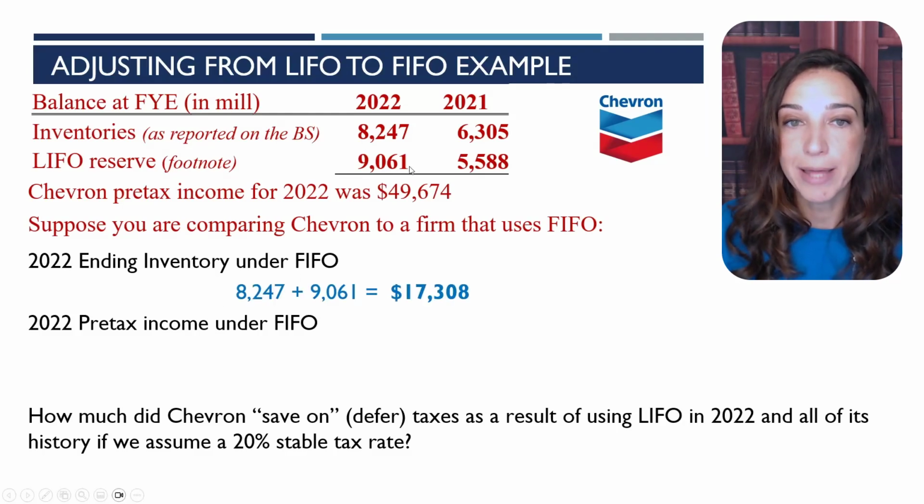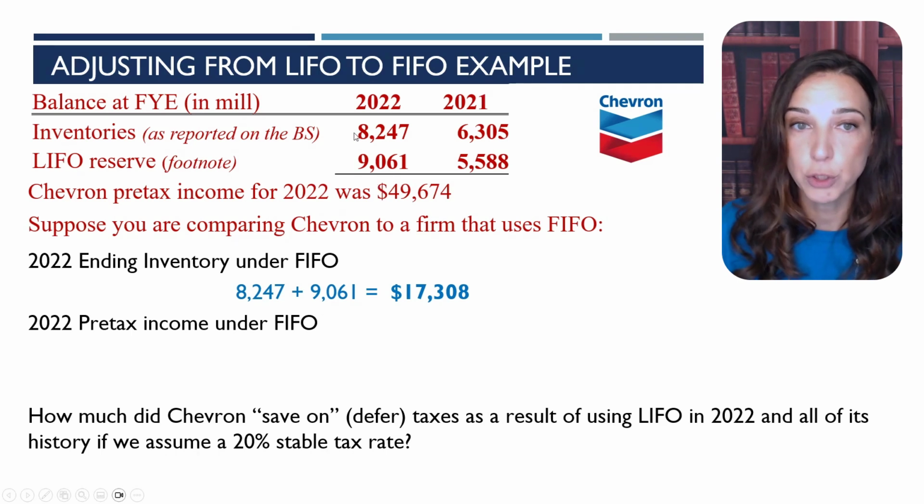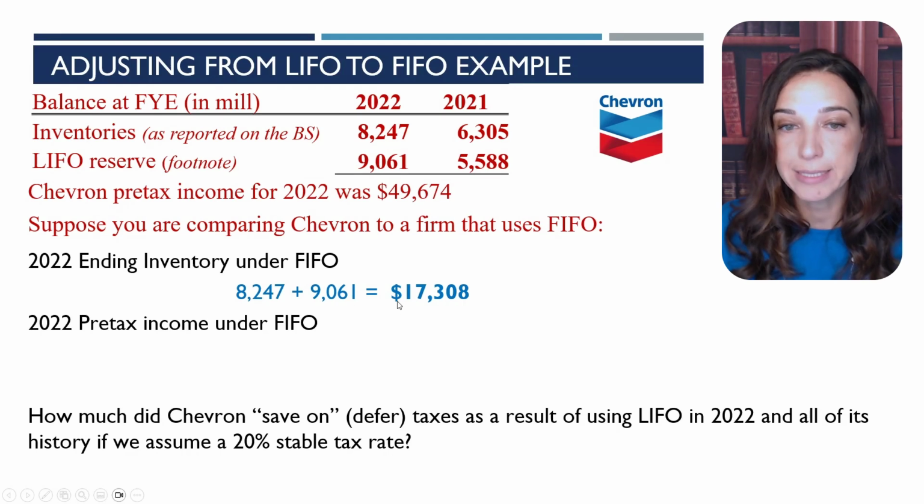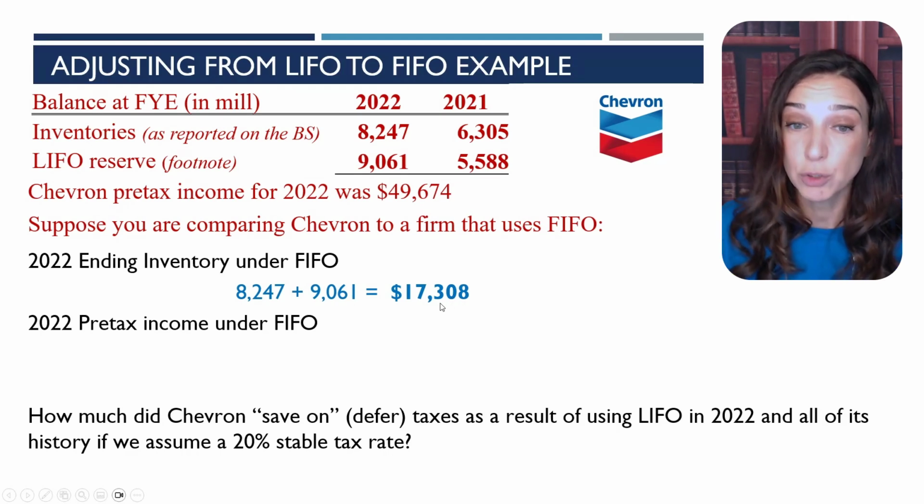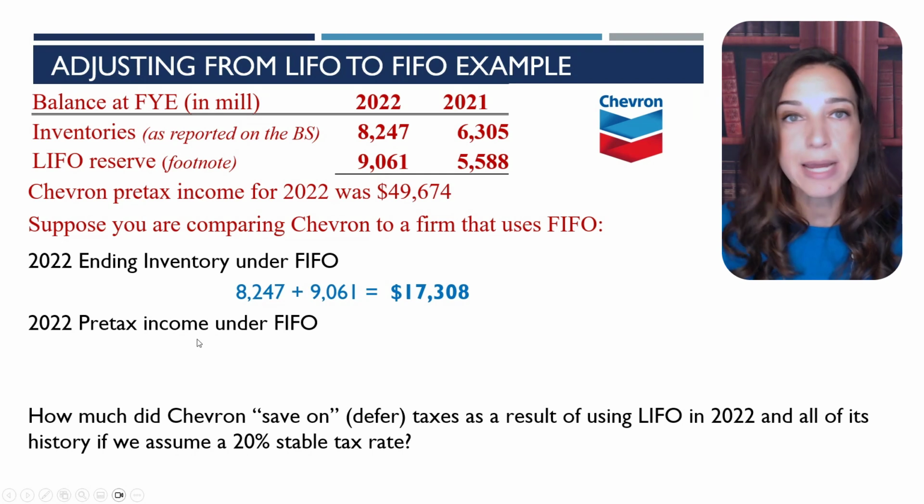We adjust by the full amount of the LIFO reserve. We start with the inventories that they did report, 8247. We add the LIFO reserve, 9061, and we say if they were a FIFO firm, they would actually be reporting inventories, the asset, of 17,308.